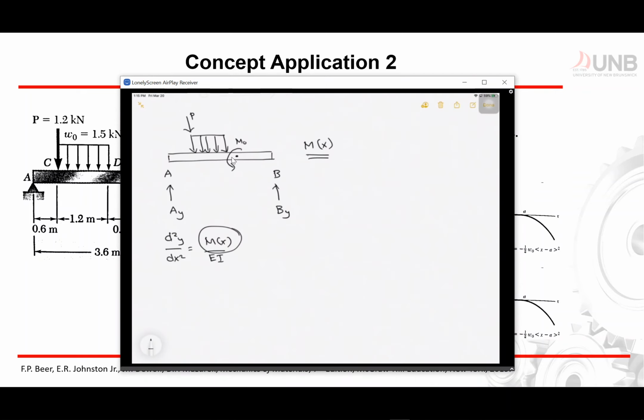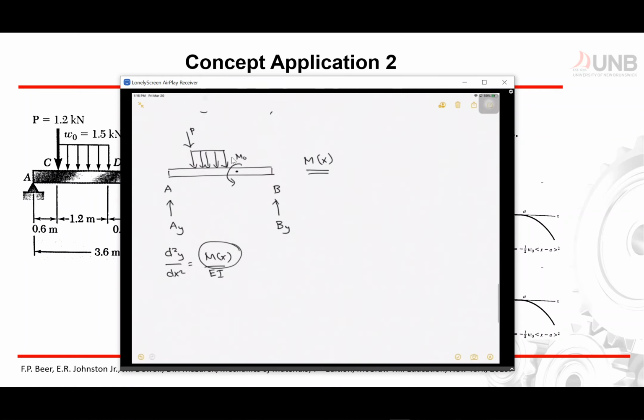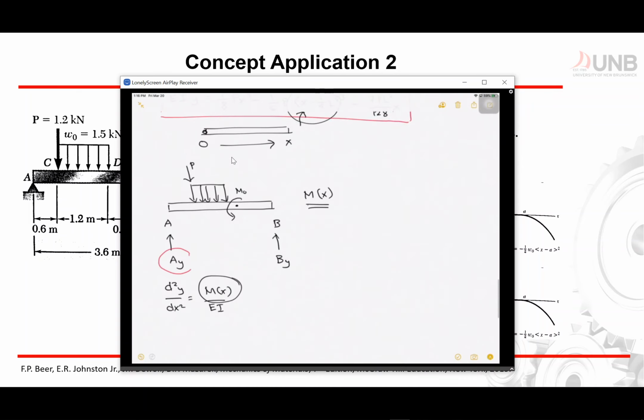Now, based on this loading condition, I have how many different types of forces and moments? So I have one, I have number 2, label it 1, 2, I have 3, which is my moment, I have number 4, which is my concentrated load, and I have number 5, which is my distributed load.